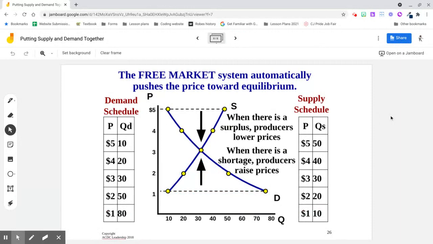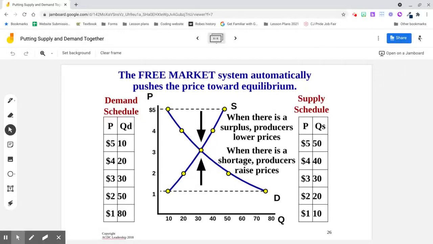The free market system automatically pushes the price towards equilibrium. What that means is this: when there's a surplus, producers will lower prices to bring it back down closer. When there is a shortage, producers will raise prices to bring it back up.